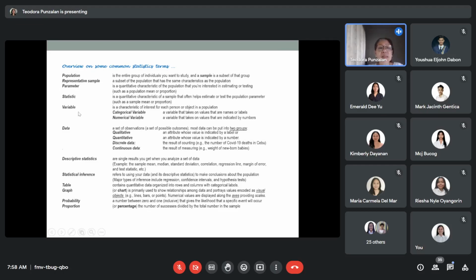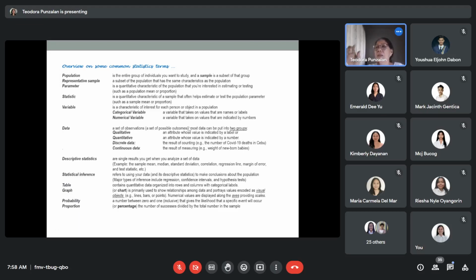Now let's go to variable. There are so many ways to describe a variable. In terms of quali-quanti, it can be a qualitative variable or a quantitative variable. For data, qualitative data, quantitative data, and then categorical data, numerical data. That's the data itself.